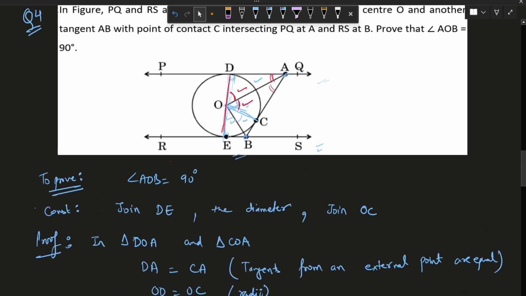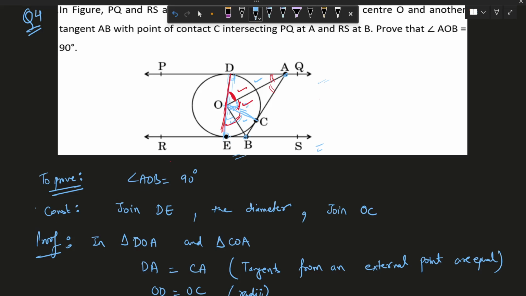I'll just show you what I've done. I have taken this whole line and I've written the sum of all these four angles. That's 180 degree because it's a straight line. Sum of all angles on a straight line. You can write that.